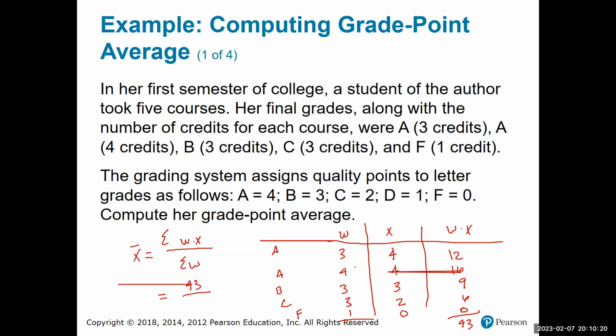And then I'm going to add up the W's. So the weights, so 3 plus 4 is 7. Plus 3 more is 10. And then plus 3 plus 1, we get 14. All right, so my sample mean here is going to be 43 divided by 14.